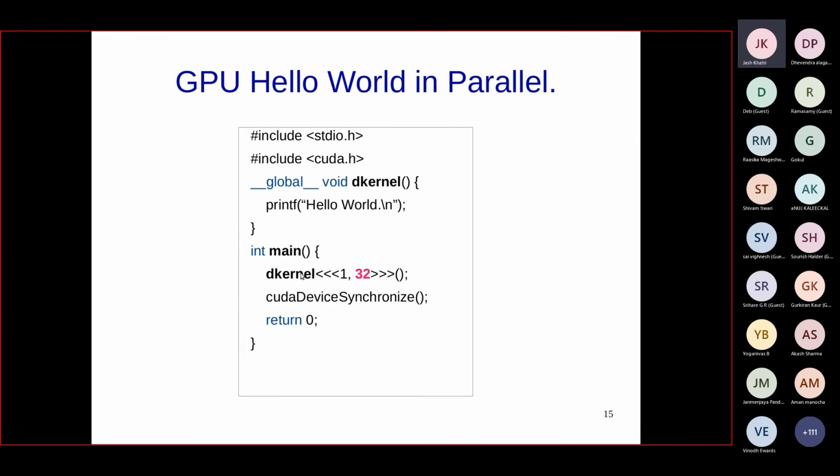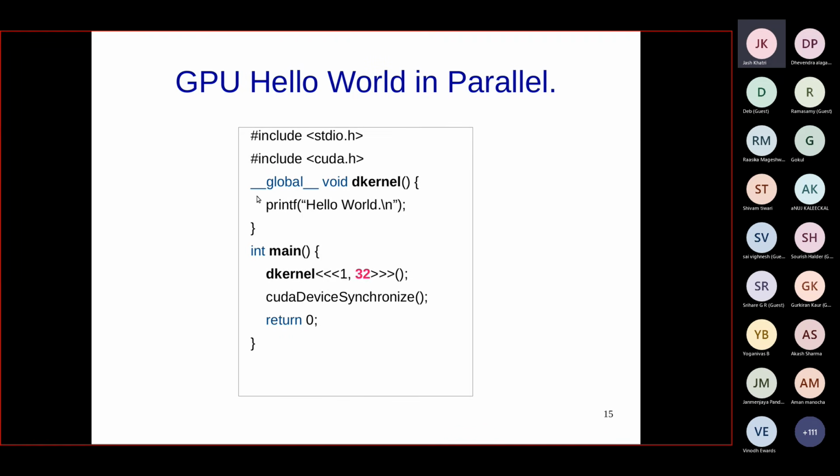When the kernel execution begins, there will be 32 threads executing this single piece of code, this kernel function, on the GPU, and the CPU after launching this kernel will wait here for all the threads to finish.